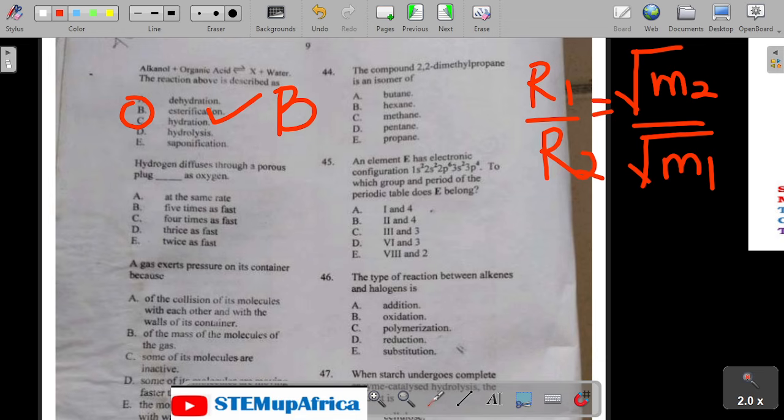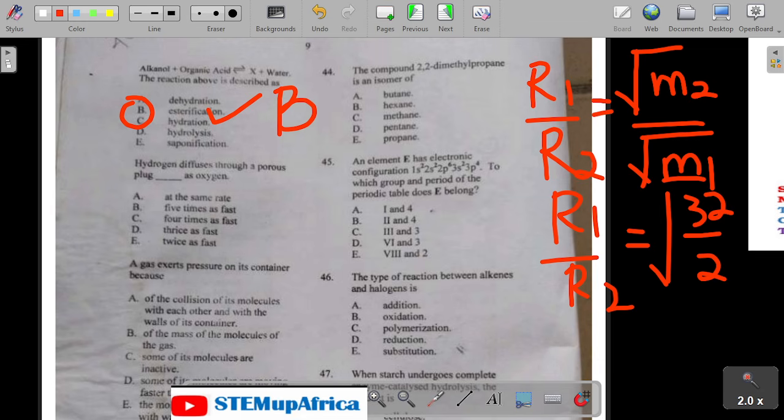Molar mass of oxygen is 32, hydrogen is 2, so that will give us 16. The square root of 16 is 4, so my R1 is 4 R2. It diffuses 4 times as fast, which is C.